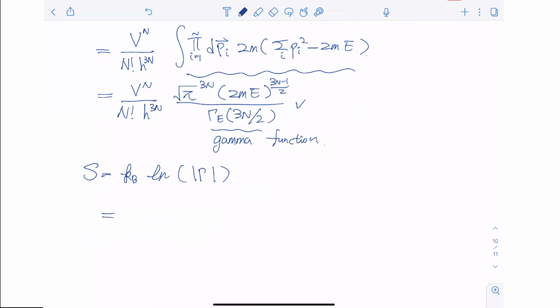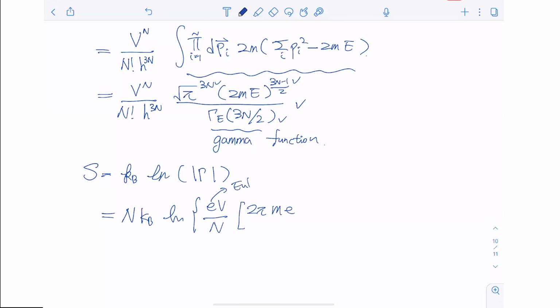And using Stirling's approximation, we can simplify these factors with n in the exponents, and eventually you will get the following expression if you do it carefully. And here this e is just the Euler number. Let me write it. Euler number, 2 point something.